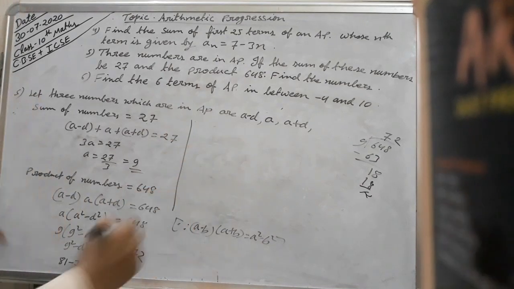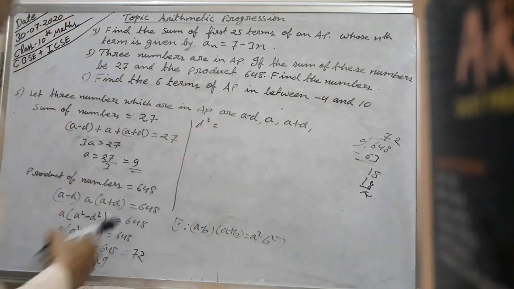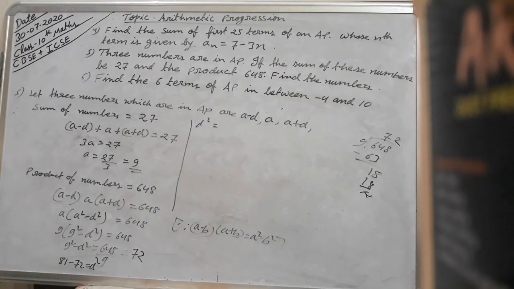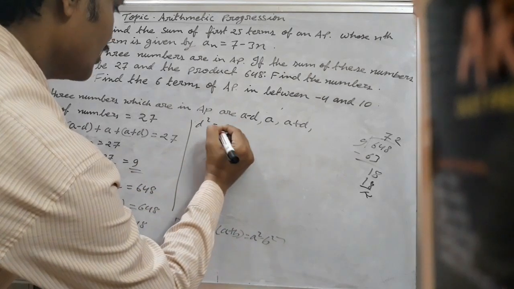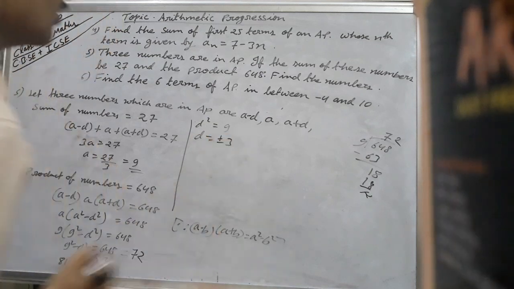What is the value of D? D square is equal to 81 minus 72. You will get 9, or D is equal to plus or minus 3.